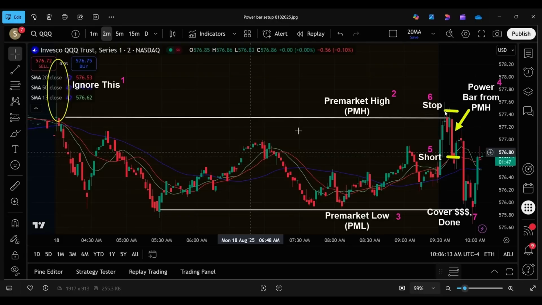The stop is now the high of the day, which is right up here where these topping tails are. The Qs bounced after the short and then fell back to pre-market lows. Again, the simple version of this trade: a move from the power bar to the pre-market lows if it's a short, and to the pre-market highs if it's a long.